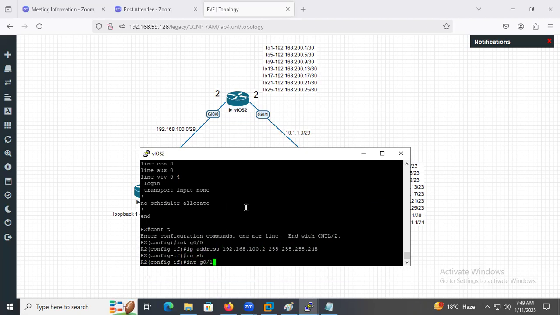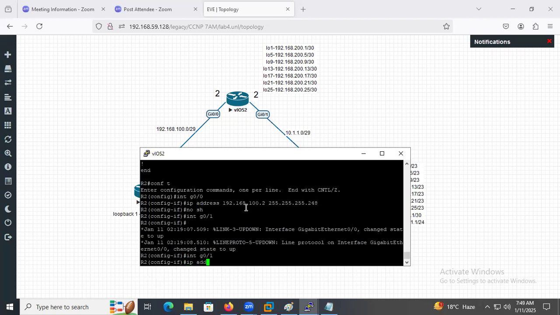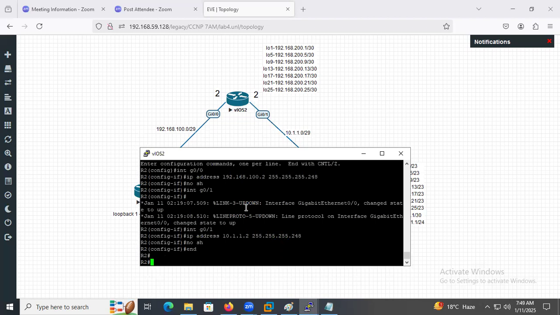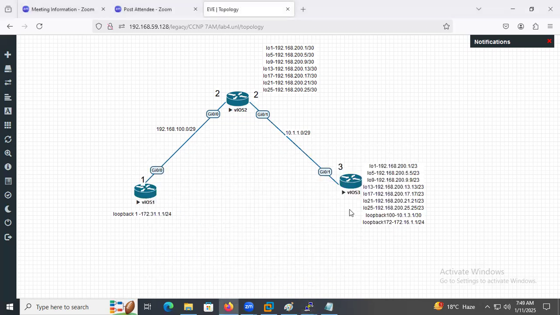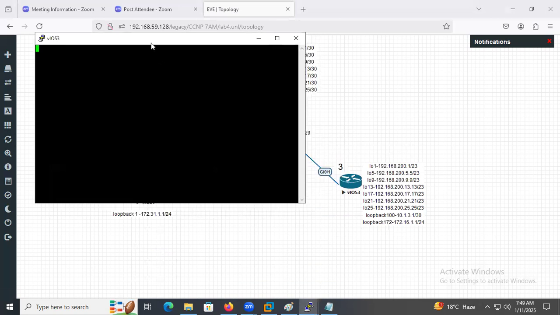Interface gigabit 0/1, IP address is 10.1.1.2, 255.255.255.248, no shut. This is the case for router 1 and 2.